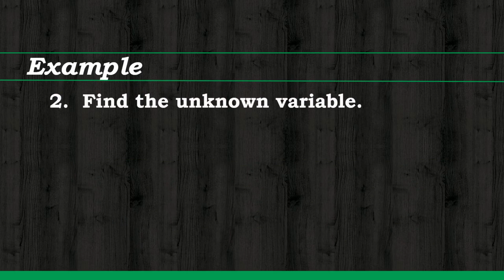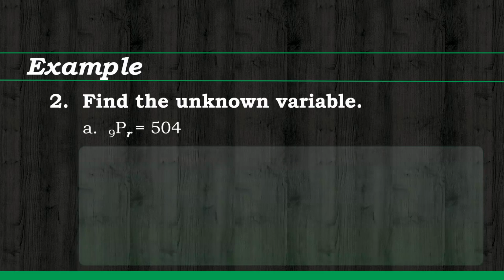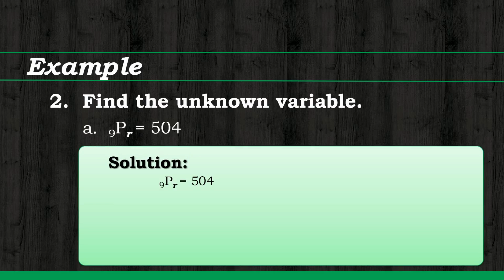For our second set of examples, we have to find the unknown variable. Letter A, permutation of 9 taken r at a time equals 504. Letter B, permutation of n taken 3 at a time equals 990. For letter A, the given is permutation of 9 taken r at a time equals 504.